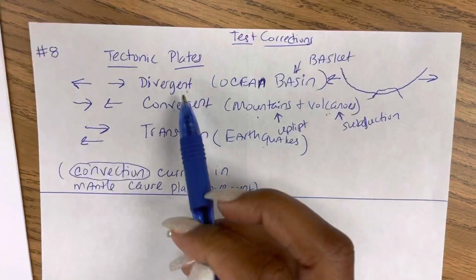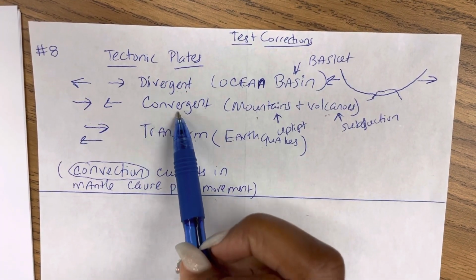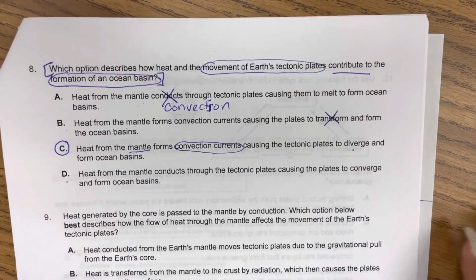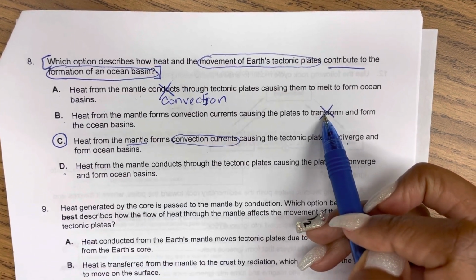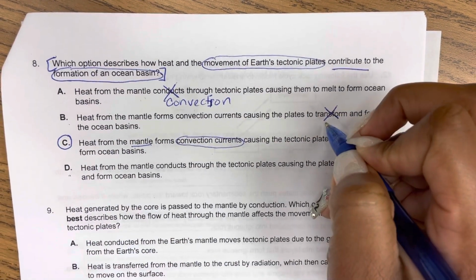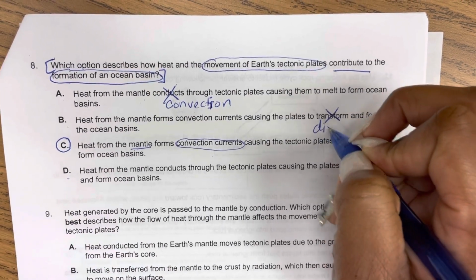Okay, so you're going to get kids to come back to the notes and disprove, based upon what we brain dumped, each of these responses. So it does not occur as a result of transform boundaries. It actually occurs as a result of divergent boundaries.